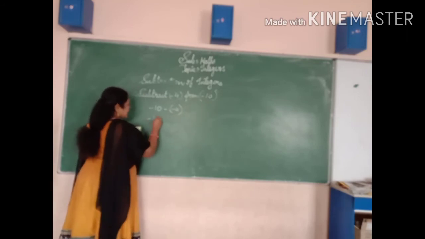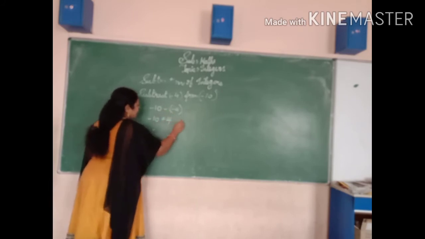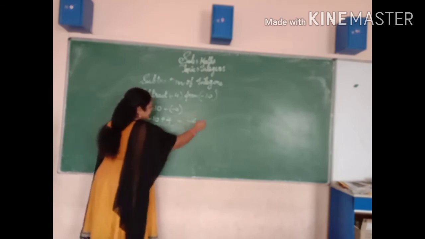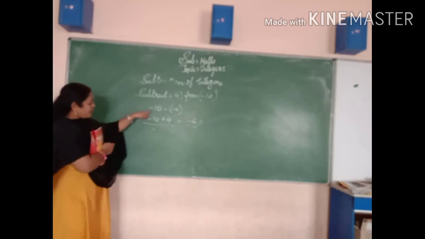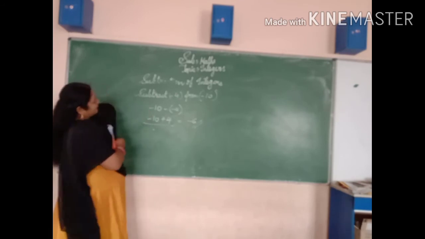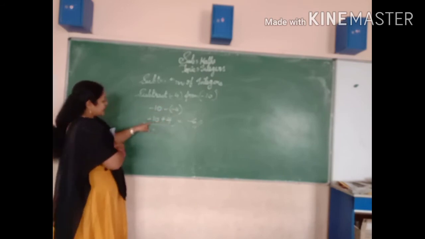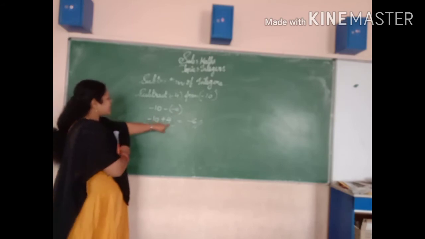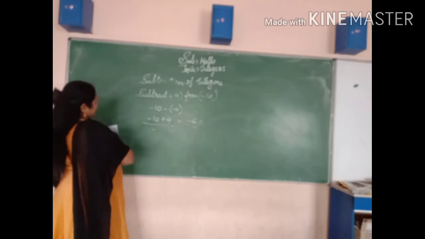So minus 10 plus into minus, plus, minus into minus is plus 4. Therefore, minus into plus, when you do, you get minus 6. Hope you are able to understand. Minus 10 remains same. We have minus into minus, therefore it is plus 4. Minus into plus, we do subtraction here. So 10 minus 4 is 6, and we write the symbol of the greater number.